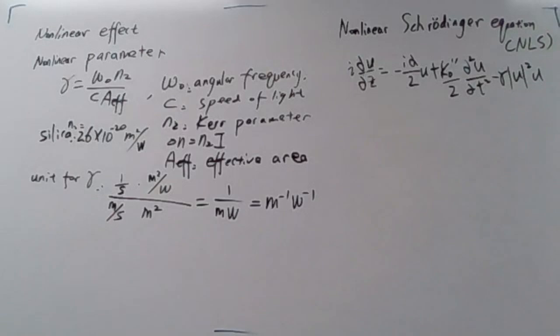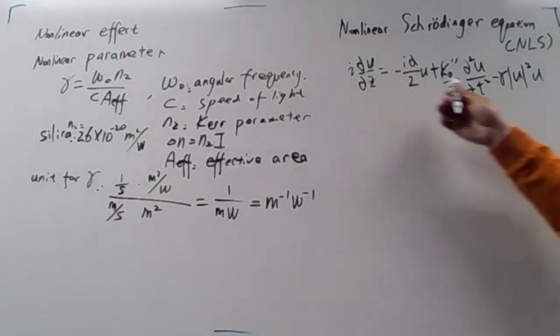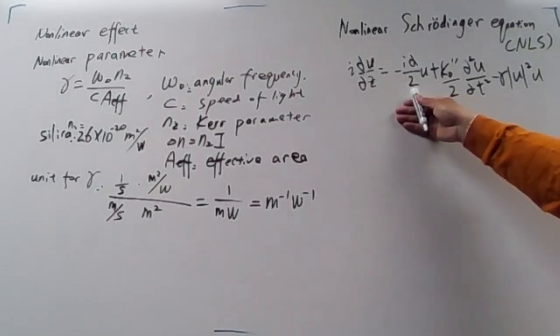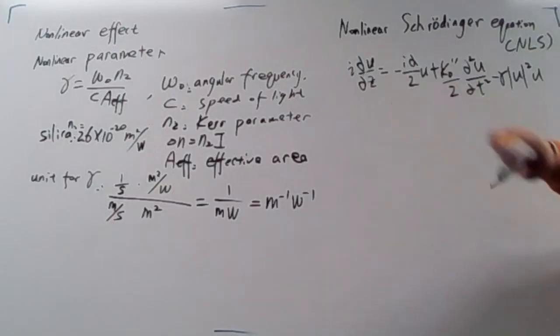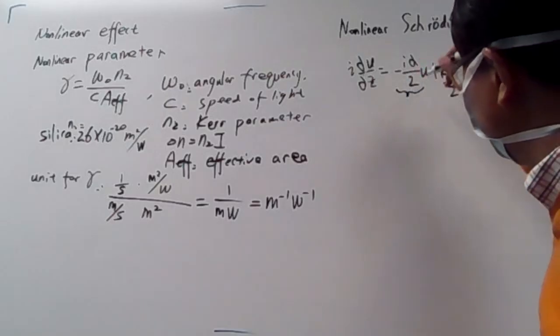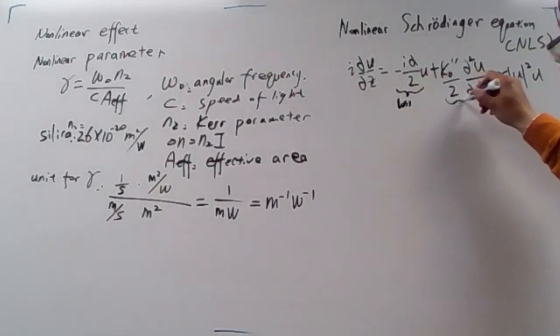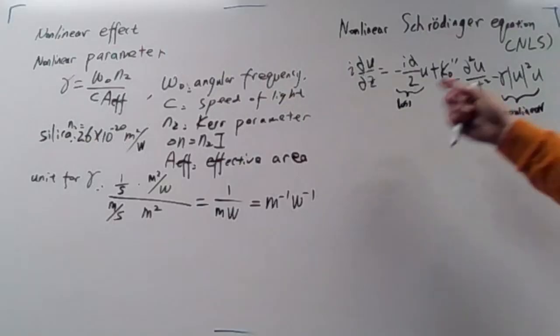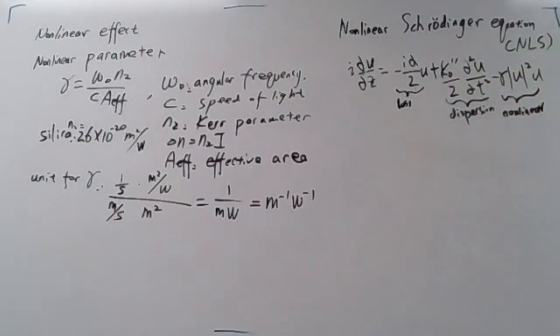So now we're familiar with i du/dz is k naught double prime over 2, partial u, partial t. This is the loss term. This term is dispersion. This term is the nonlinear term.